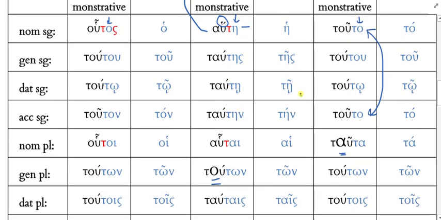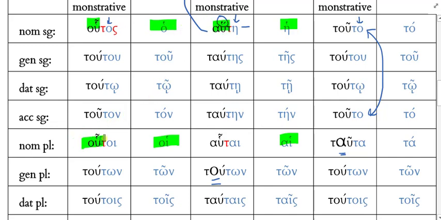All right. Now let's just take a look at the chart one more time here. Just as with the article, almost all the articles in Greek begin with what letter? A tau. There are only four places where there is no tau at the beginning. What are they? Masculine, feminine nominative, singular and plural, right? Look at the forms of the demonstratives. They all begin with a tau as well, except where? In the same places.